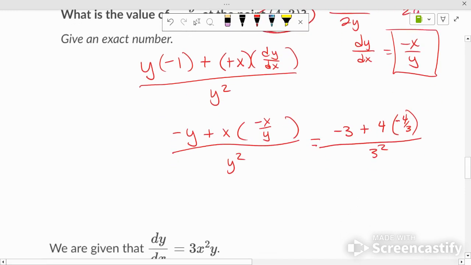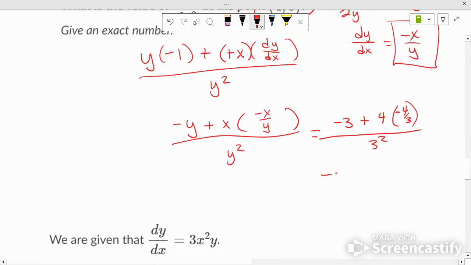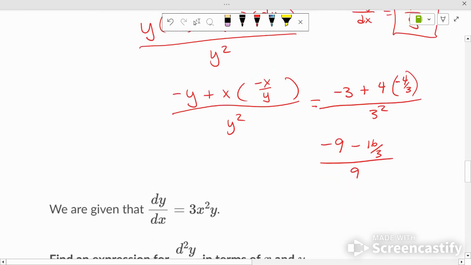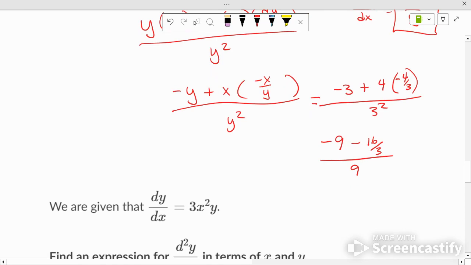Now what do we got? Negative 9 minus 16/3 over 9. In the numerator, what's my conundrum? You need a common denominator, right? So it's negative 27/3 minus 16/3 over 9.